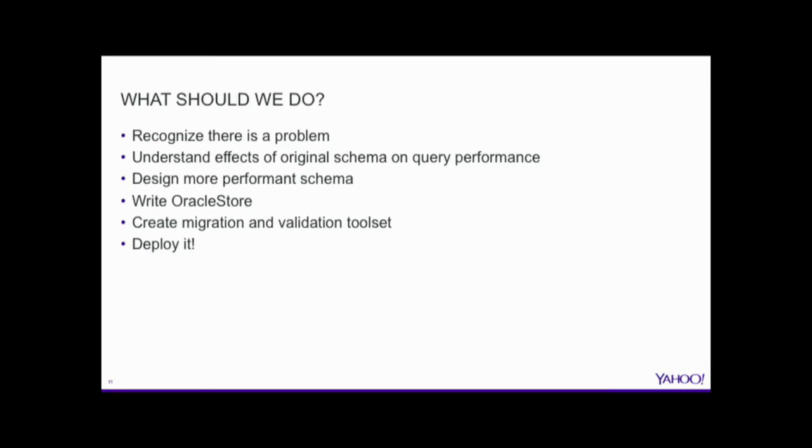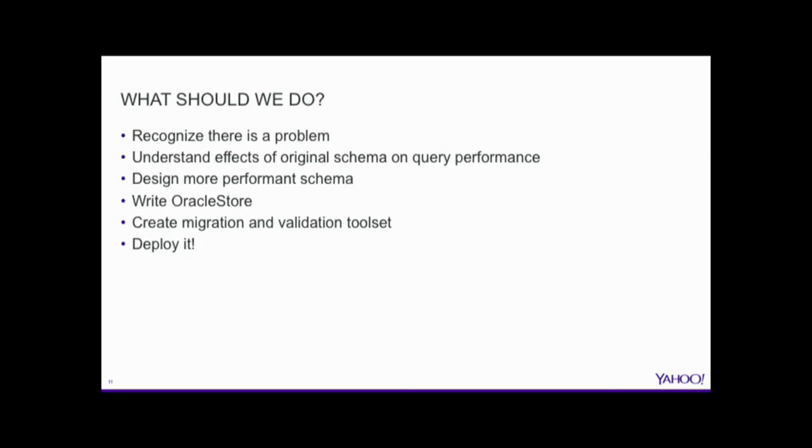Then we'd write some code, which we're calling OracleStore, that would in effect replace the code that we pull in via the DATANUCLEUS dependencies. Finally, before we are able to take all of this new code, new schemas and whatnot, and actually deploy it, we need two other things.